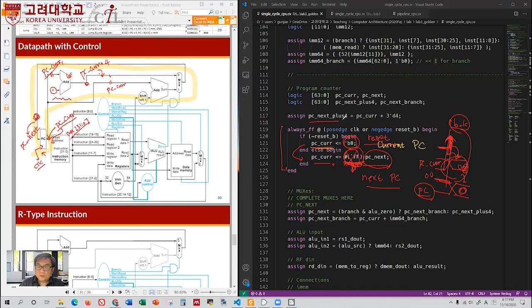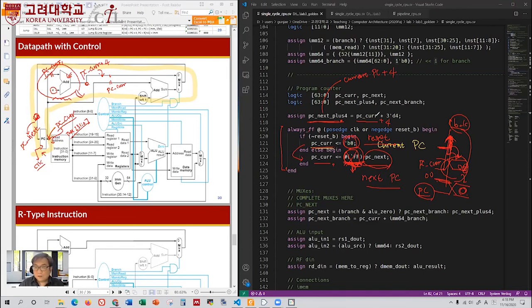So this is the current PC plus 4. If you see this code, it assigns PC next plus 4 equal PC curve plus 4. So this is this part.